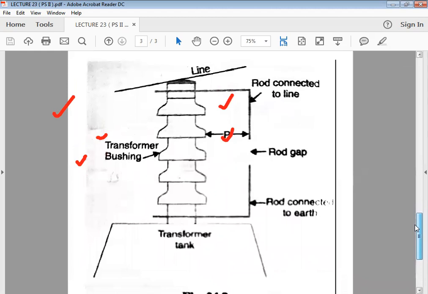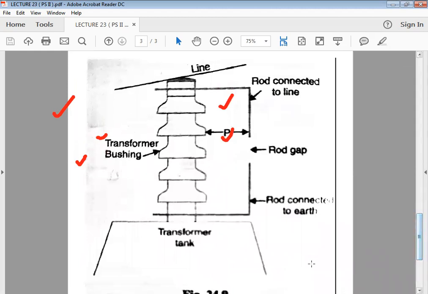Looking at this diagram, this is the case of a transformer. We have to protect the transformer from traveling waves. For the bushings attached to the transformer, two rods are used which are bent at a right angle, 90 degrees. This is the upper rod, bent at 90 degrees, and this is the lower rod, also bent at 90 degrees.